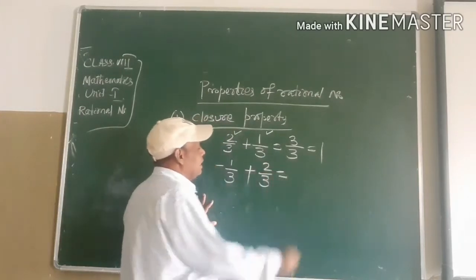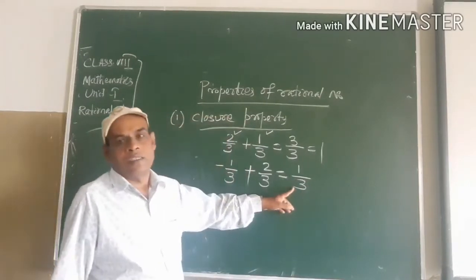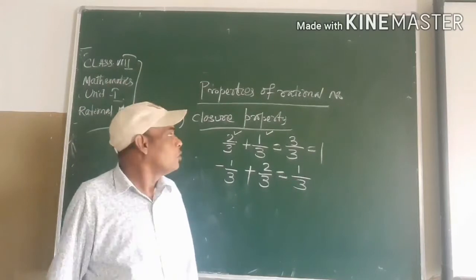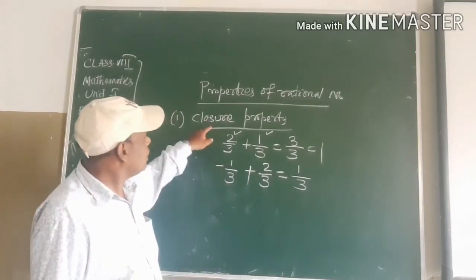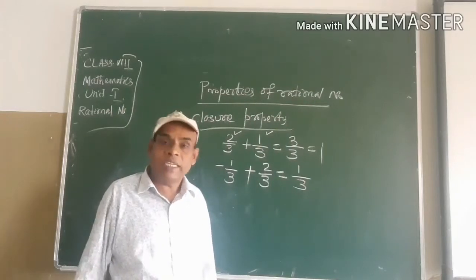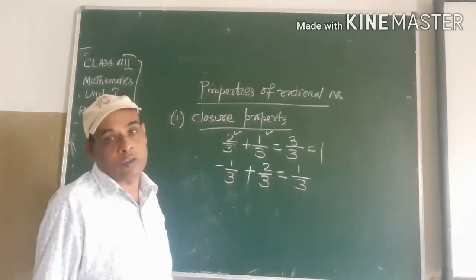So ultimately we get 1 by 3. So 1 by 3, that is also a rational number. So this property is known as closure property of rational numbers. So that you have to remember.